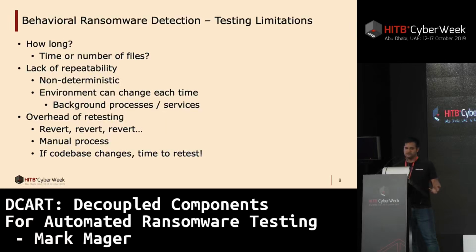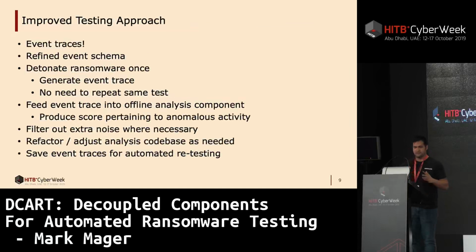There's always a human in the loop. And most importantly, if the code base changes, if you're trying to test out some new analytic or something along those lines, you have to retest everything. You have to go back through all the samples that you've tested before in order to generate those metrics again, to determine if you can still reliably detect whatever ransomware samples you've been looking at. So that will take a ton of time.